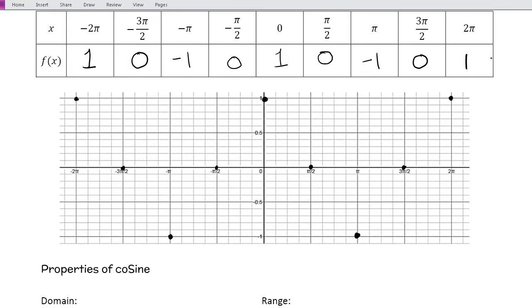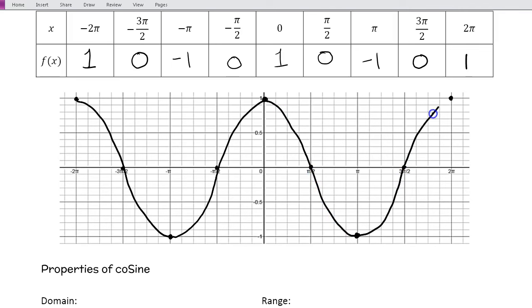Alright, and then again, we've got these points here, and we want to connect them with a nice smooth curve. In this case, it's going to look something like this, and then we'll continue like so.